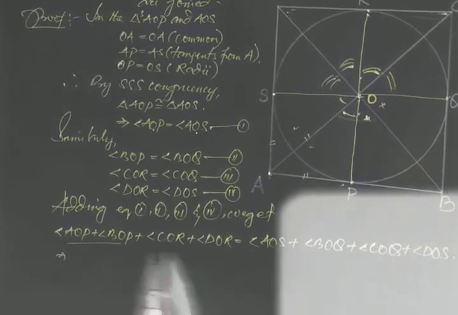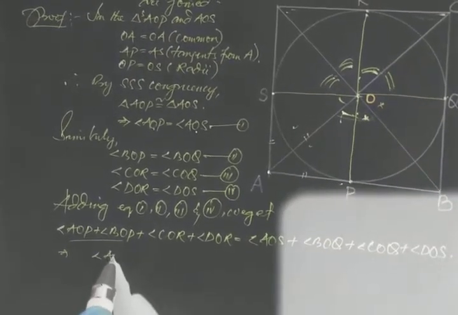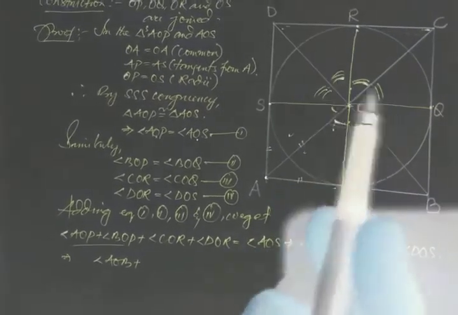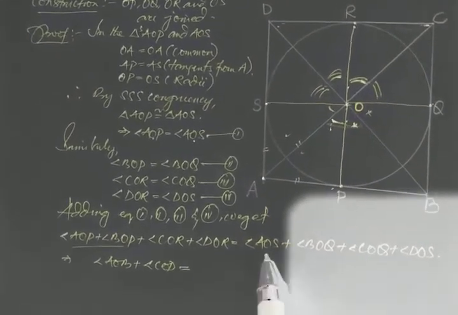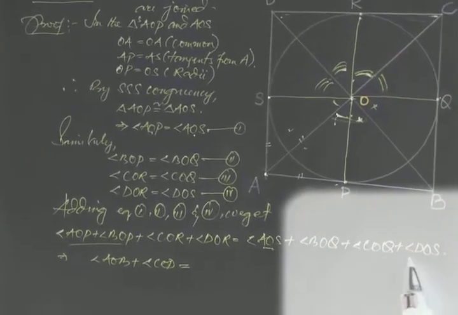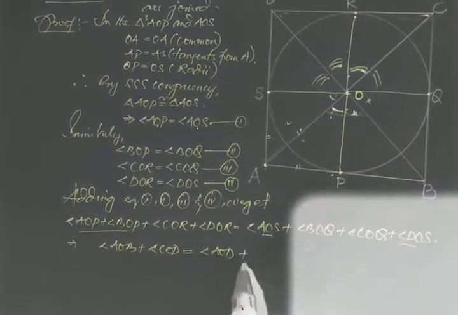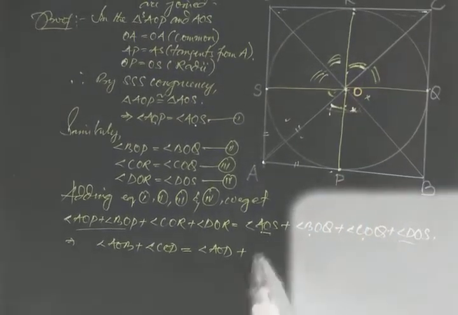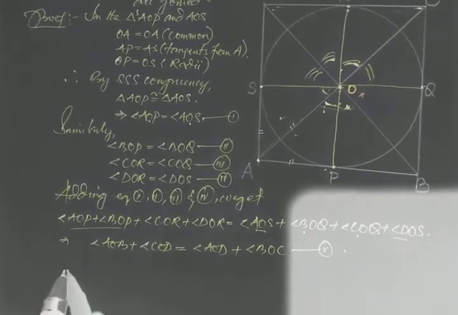Now AOP plus BOP gives angle AOB, COR plus DOR gives angle COD, AOS plus DOS gives angle AOD, and BOQ plus COQ gives angle BOC. Let me call this equation 5.